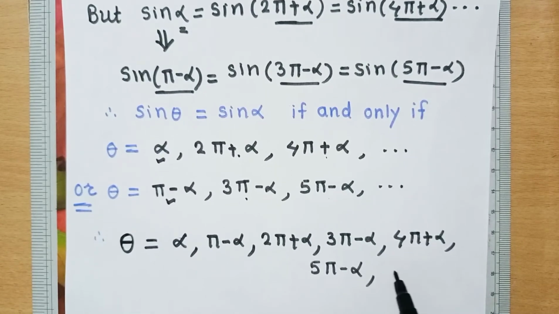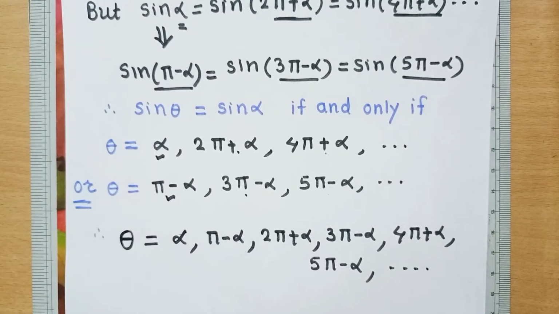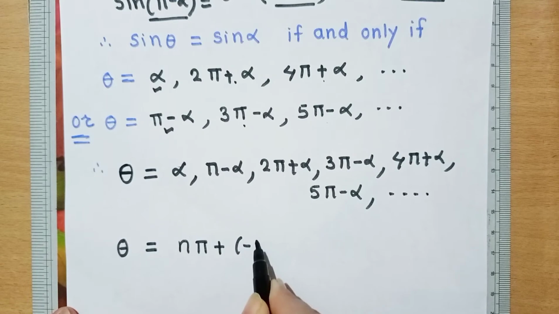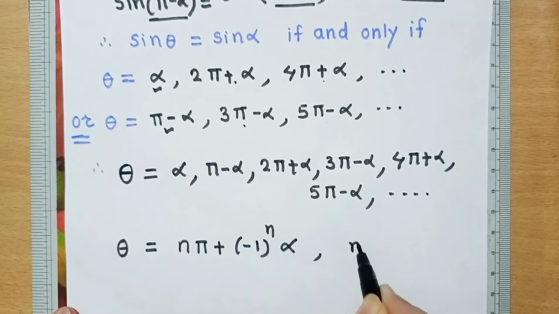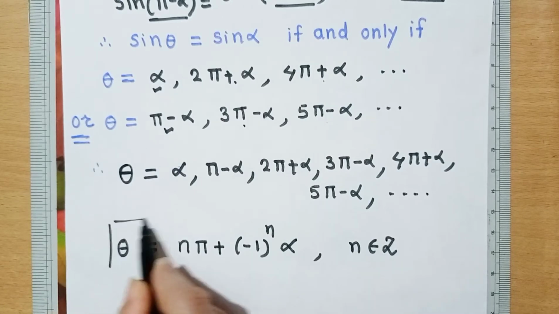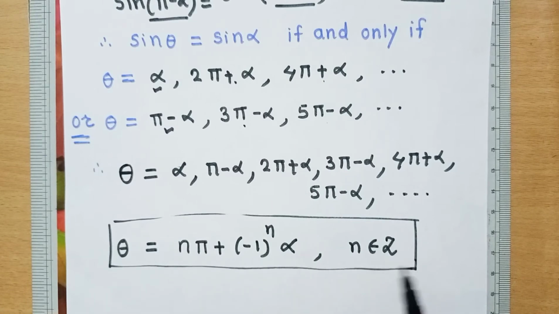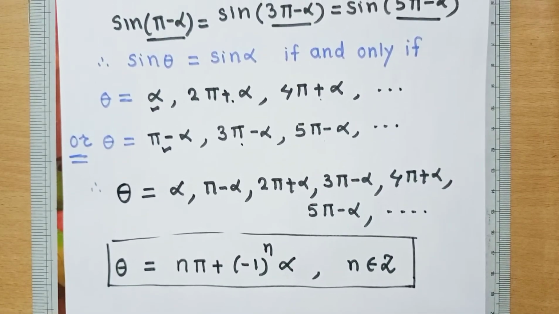There are infinitely many solutions, and we can generate them by using the formula theta is equal to n pi plus minus 1 raised to n into alpha, where n belongs to Z, the set of integers. This is the general solution of sine theta is equal to sine alpha.